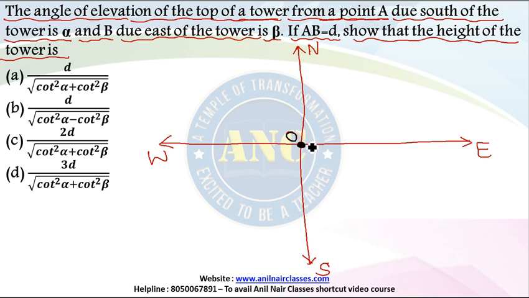I cannot represent it in 3D. Whenever you are seeing this problem, please keep a pen there, pointing directly towards your face, and that side which is pointing towards you is the top of the tower.